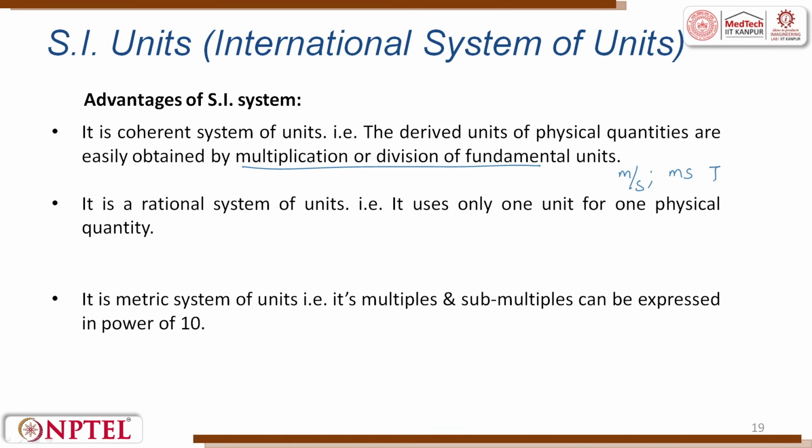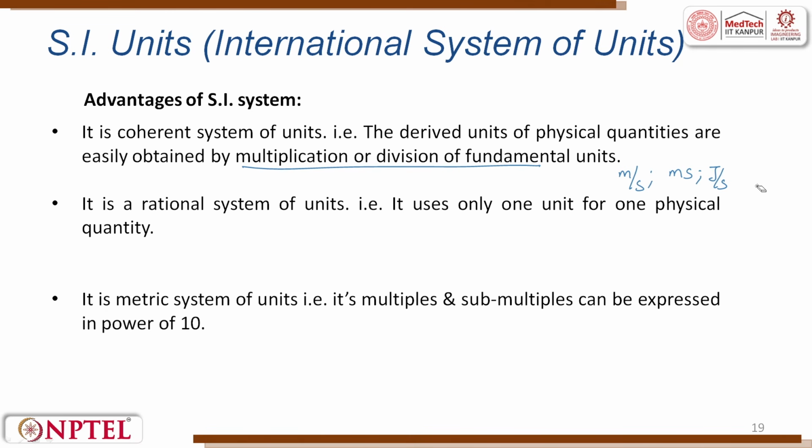It can be joule per second, which is watt. I am just giving an example. So, it can be meter per second or meter second or joule per second. So, this is multiplication or derived.